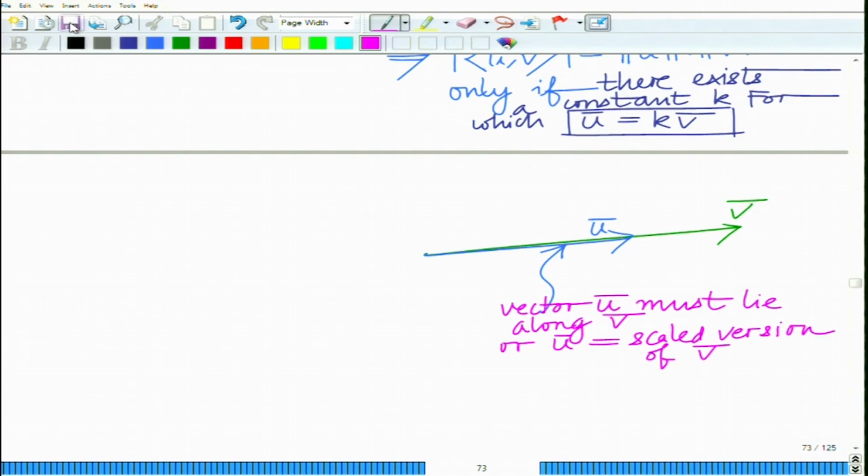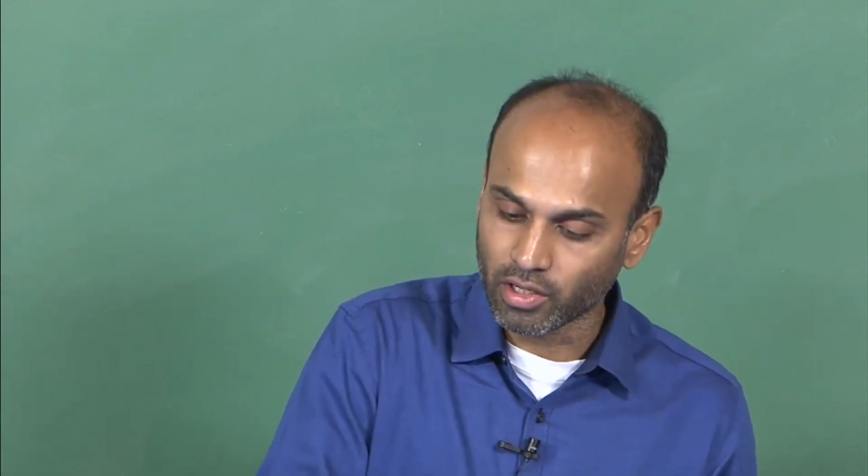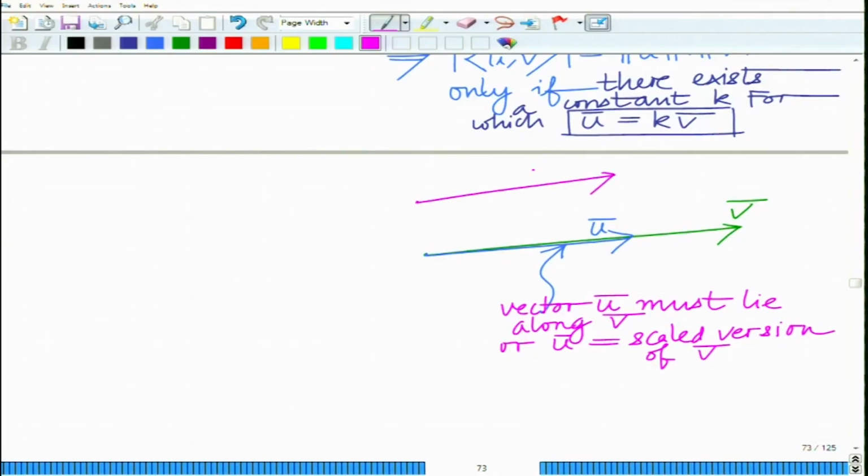Okay. So, the magnitude of the inner product between two vectors equals the product of the norms only if u bar lies along v bar, or u bar can also be exactly opposite the direction of v bar. In fact, because we are looking simply at the magnitude, you can also have this. Which means either the angle theta equals 0 degrees or theta equals 180 degrees.